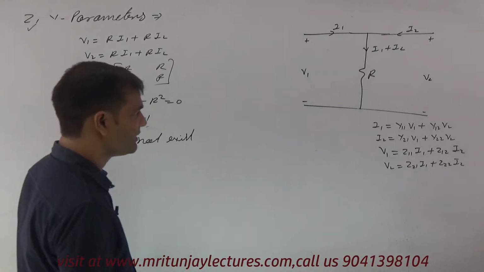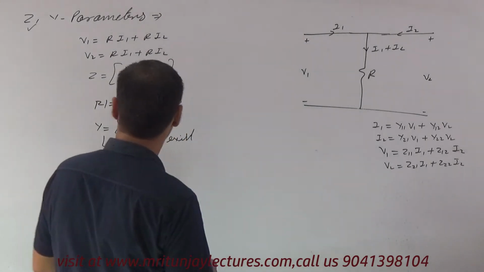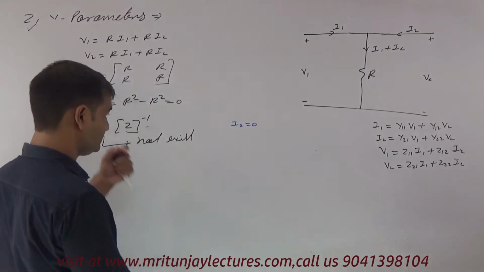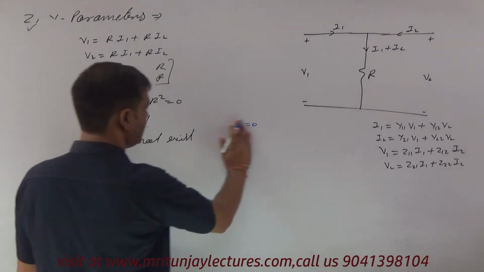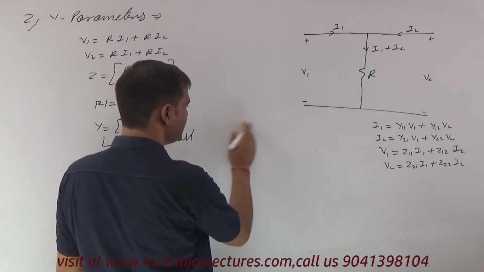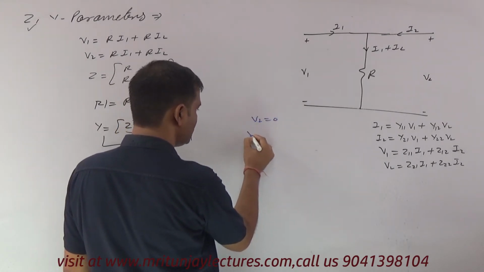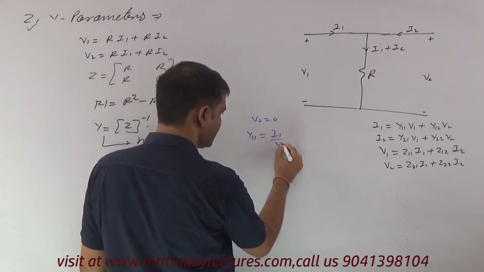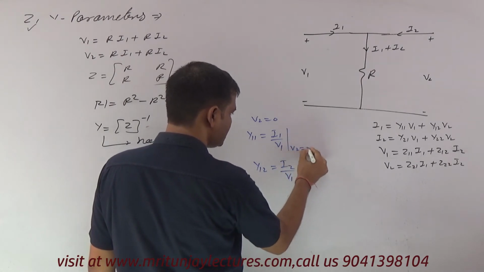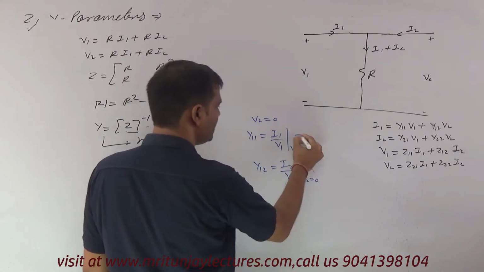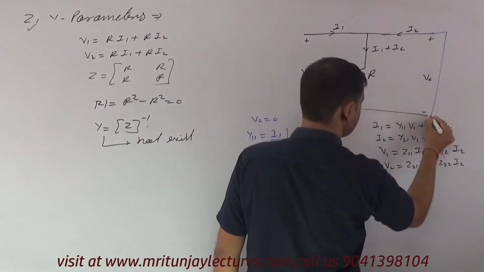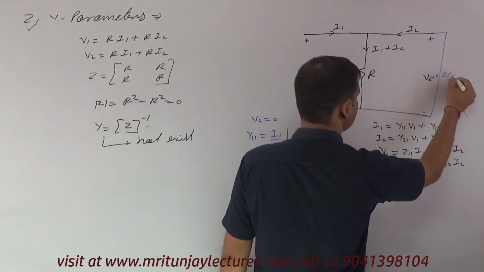If you verify with the circuit: if V2 is equal to 0, then Y11 equals I1 by V1, and Y21 equals I2 divided by V1, at V2 equal to 0. What about this value? V2 equal to 0 means short circuit.